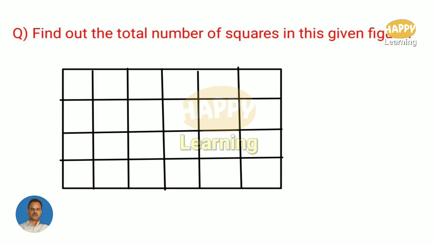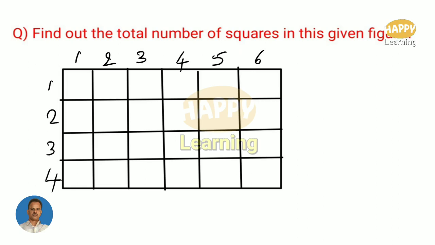Next, one more example. This is first column, second column, third column, fourth column, fifth column, sixth column. First row, second row, third row, fourth row.